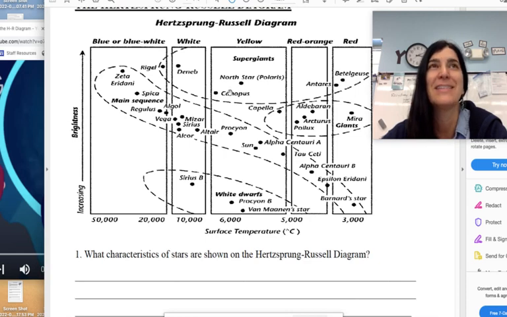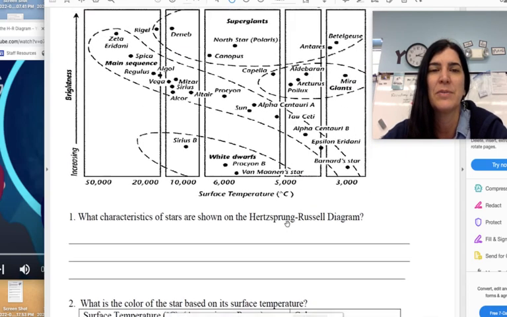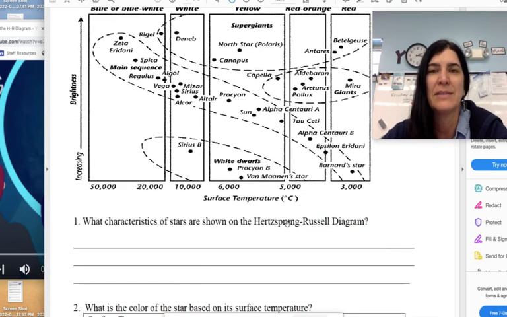Colors. Size, it tells you the size. We're going to find out more about the size later, but also the colors. And I'm sorry? The type of star, yes, it does show you that on the diagram. So brightness, temperature, color, and even size.